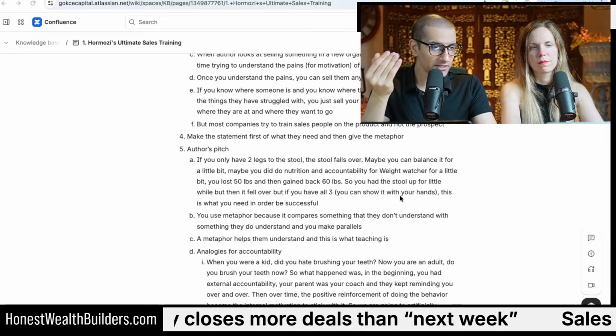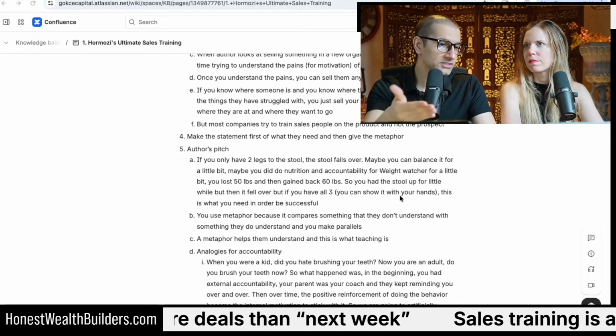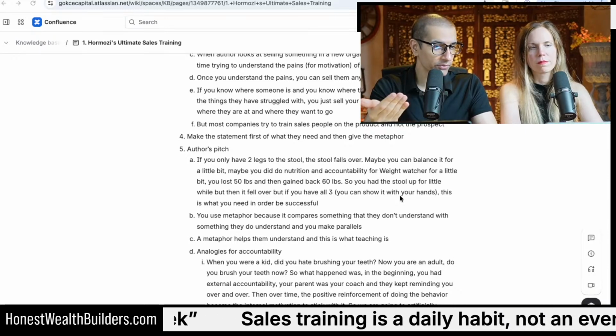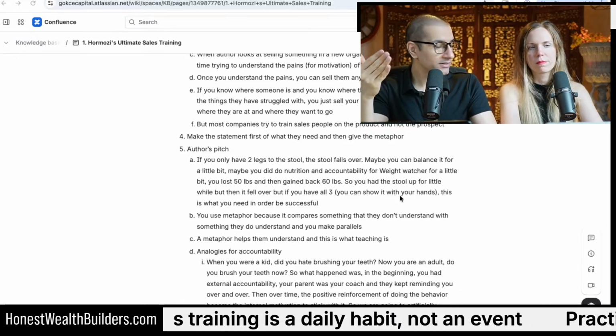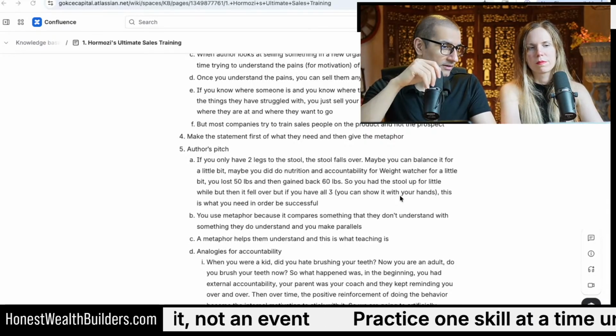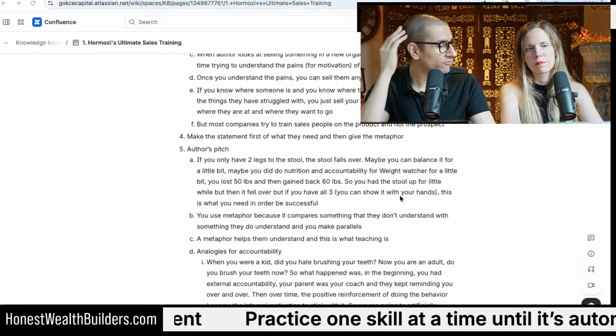Now, it's much easier for the prospect to understand if you're using a metaphor, because everyone can relate to it. Because they understand the metaphor, it's already in their head, so they can link to it, and it's easier for them to understand.